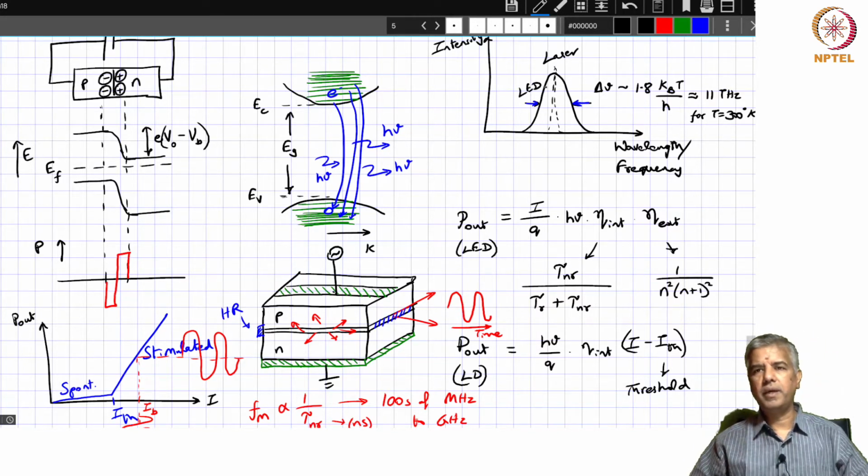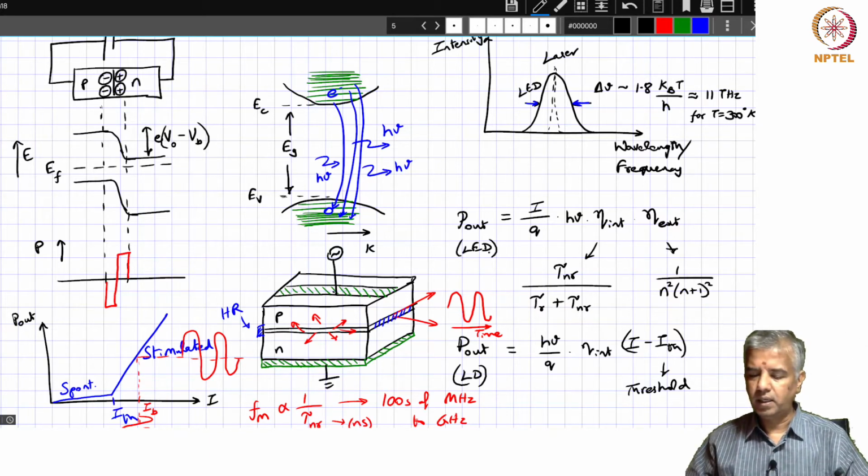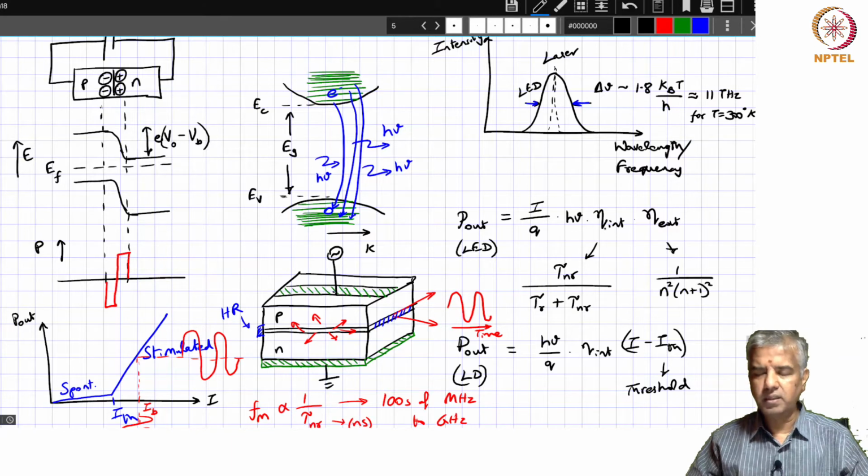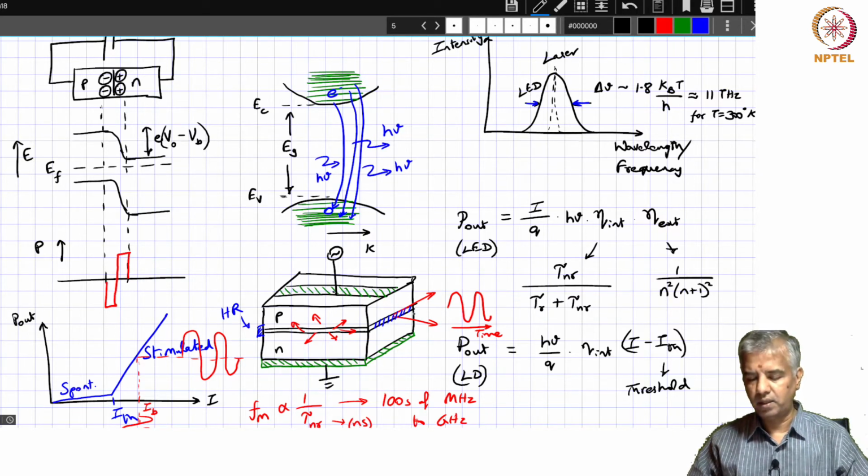And then we were looking at the output power characteristics, and we said the LED is going to have an output power given by this expression, where eta int corresponds to the internal quantum efficiency and eta external corresponds to the fraction of photons that are escaping from this structure and the amount of light that you get to see.